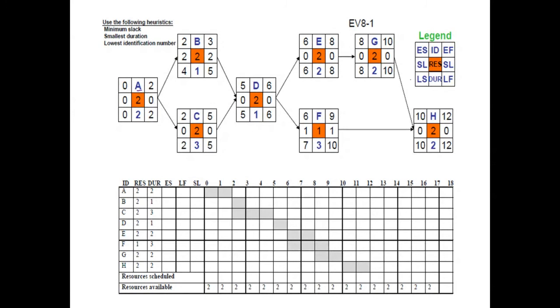Now here, one thing you have to note is that the middle box is telling us the resources. Activity A requires 2. So let's assume that this is some equipment or machinery which is required. For instance, we may require Caterpillar machinery on our site. Activity C requires 2, D requires 2, E, and so on and so forth.